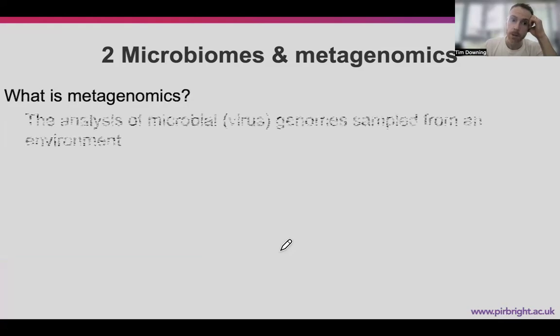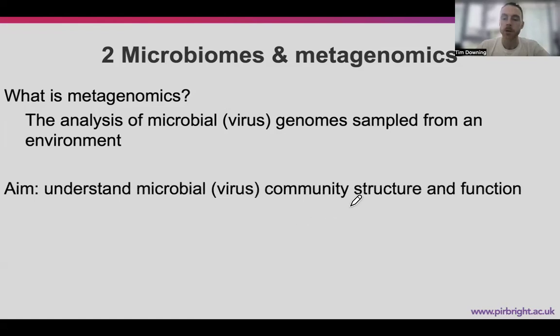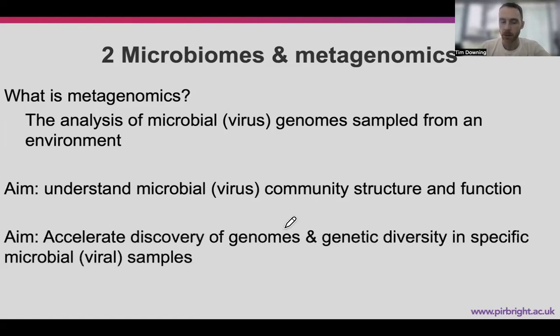So what is viral metagenomics? It's the analysis of viral metagenomes sampled from an environment. Metagenomes can mean a full genome, a bit of a genome, a very mixed up jumble of genomes. It depends what you're looking at. So the analysis scales are very broad, and comparing between different studies is challenging because the datasets are often quite different. So what we want to do is look at viral genome and community structure and function as is relevant for our purpose.